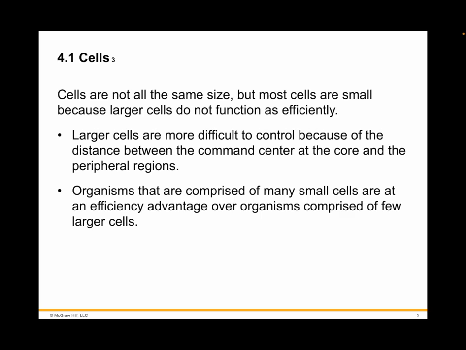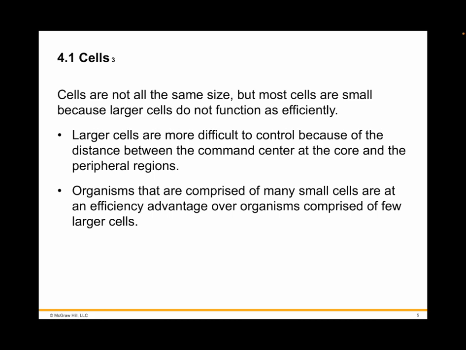So you may also ask, why are cells so small? Well, most cells are small because larger cells do not function efficiently. And in the body, it's all about efficiency. In the center of every cell is the command center, and that is where it must issue orders to all parts of the cell, directing the synthesis of certain enzymes, the entry of ions and molecules from the exterior, and even the assembly of new parts.